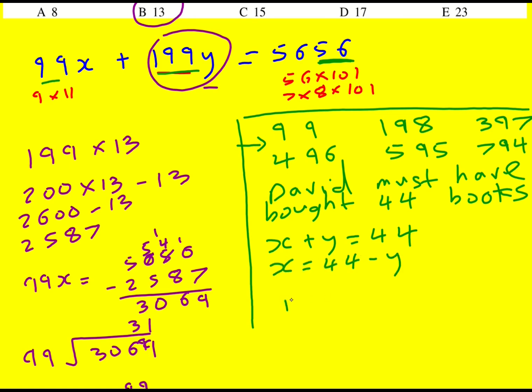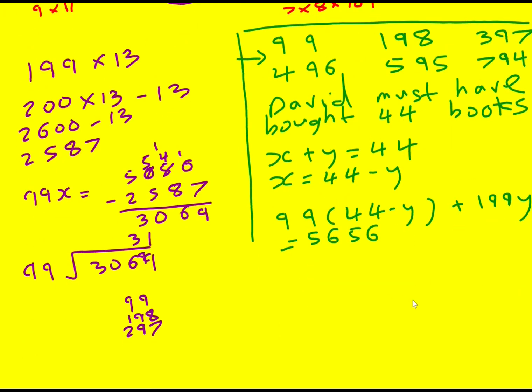So I'm going to show you this way to start with. 99 times 44 minus y, subbing into this first equation, plus 199y is 5656. I've got to do 99 times 44. Well, that's going to be 100 times 44, which is 4,400, and then I've got 1 less 44, so I'll just write it like that for the moment.